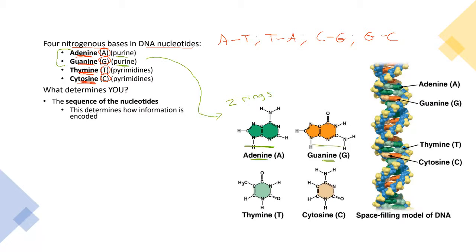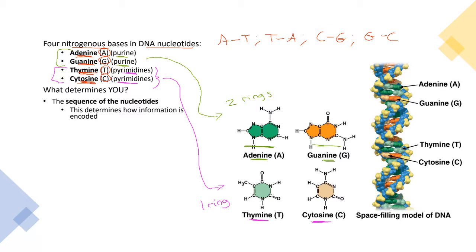Thymine and cytosine are pyrimidines, a different group. And the pyrimidines are made of 1 ring.